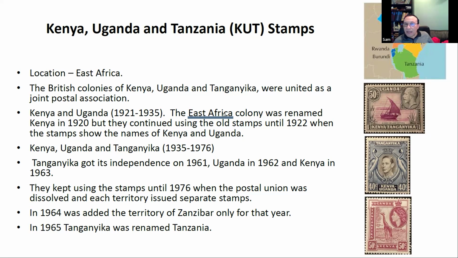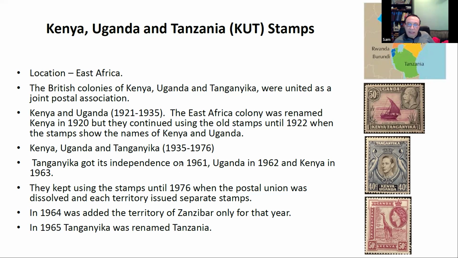It doesn't say Kenya, but Kenya was East Africa, renamed in 1920, and they used the old stamps. Then in 1935, they show the stamps of Kenya, Uganda, and Tanzania. But at that time, Tanzania was named Tanganyika.